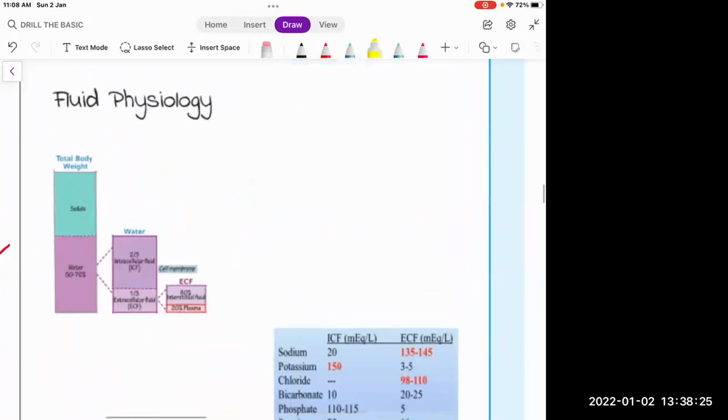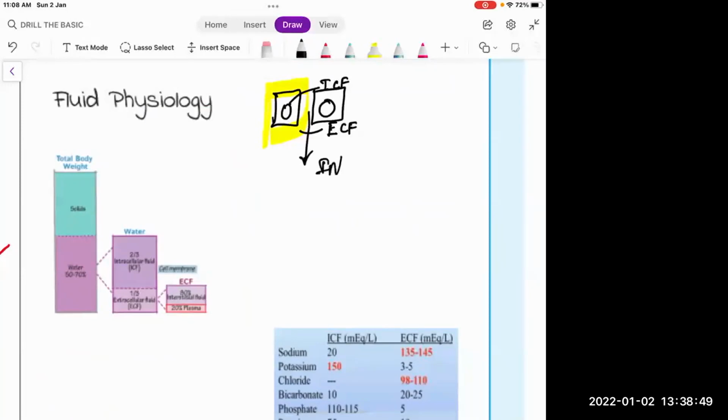And coming to the fluid physiology, we all know the cell, and inside the cell and outside the cell. Inside the cell you have intracellular fluid and outside you have extracellular fluid. Whereas in between the cells you have the fluid you call interstitial fluid.